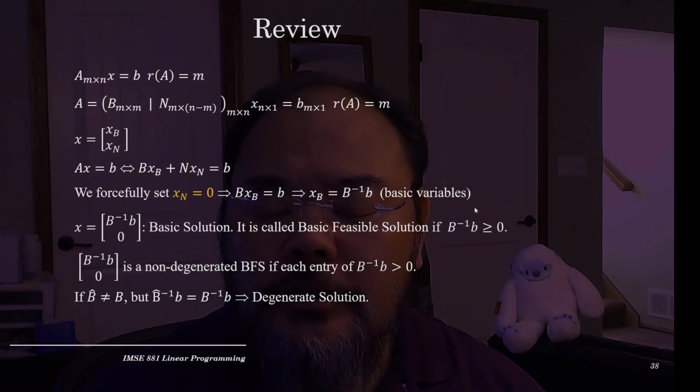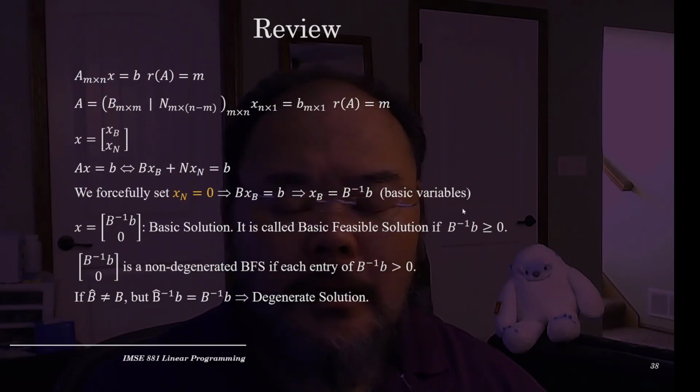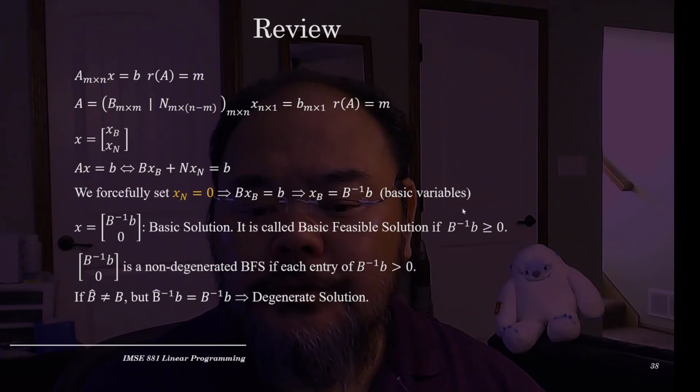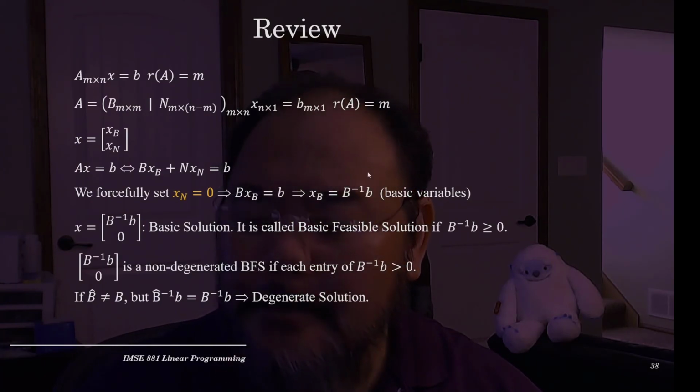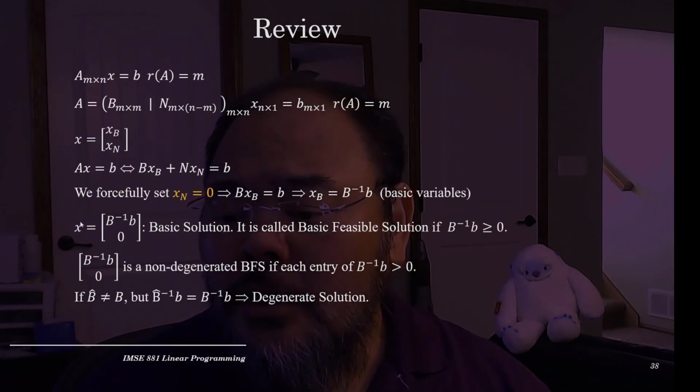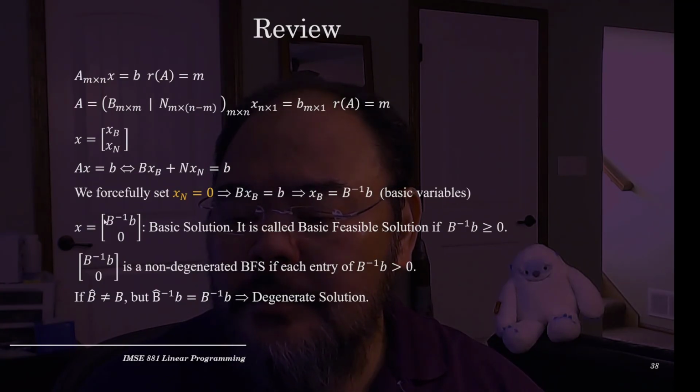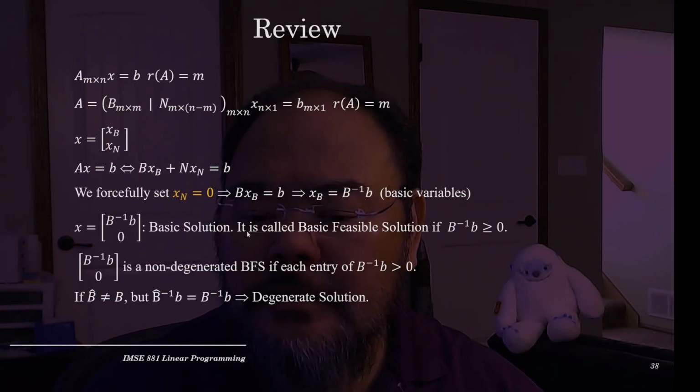Here in linear programming, we call it a basic solution, where x_B, the basic variables, equals B inverse times b. We can directly use linear algebra to calculate that. So every basic solution has B inverse times b as the basic portion, and all the non-basic portion is 0. This we call a basic solution.